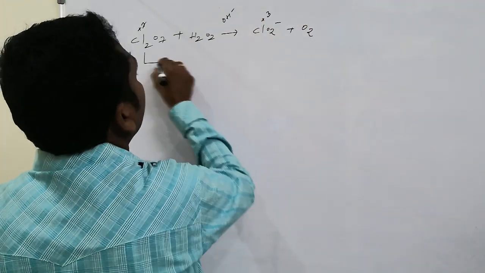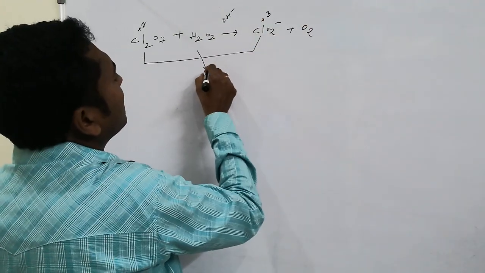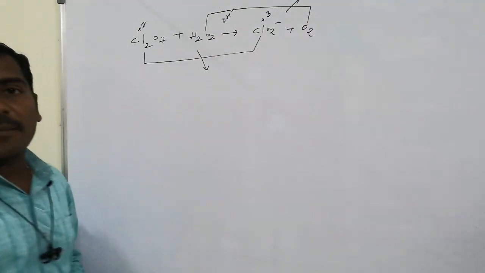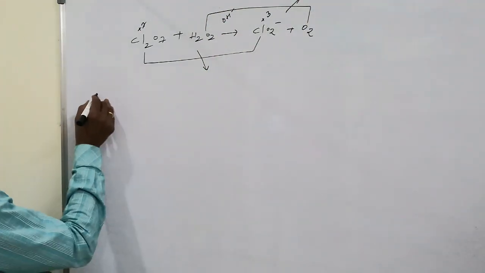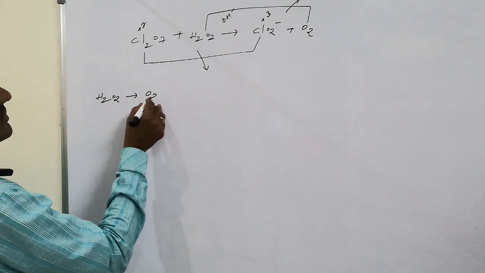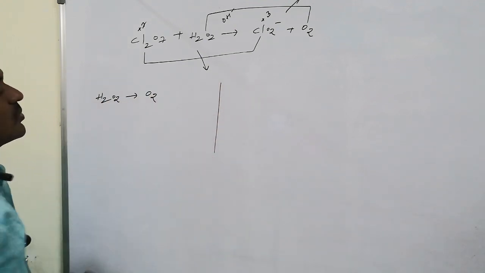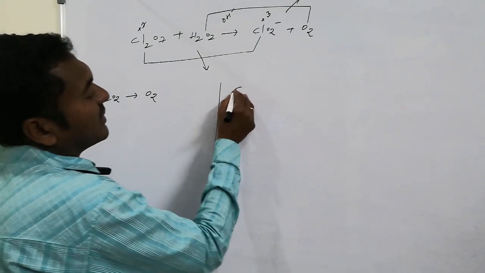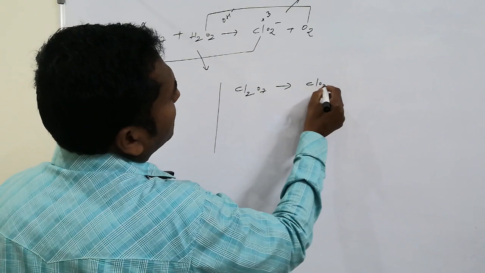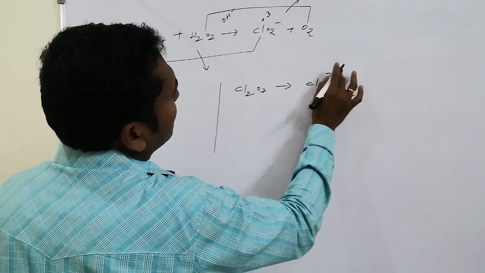So from here to here there is a decrement, that is reduction, and here minus 1 is converted to 0, which implies an increment, that is oxidation. The oxidation half reaction, if I write separately, is hydrogen peroxide converted to O2, whereas the reduction half reaction is Cl2O7 converted to ClO2 minus 1.